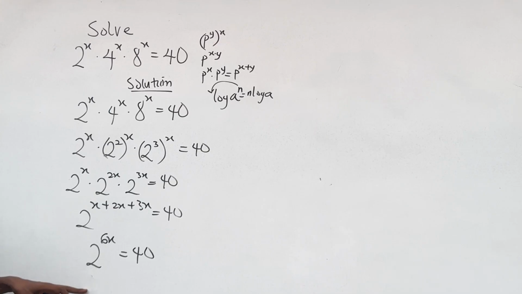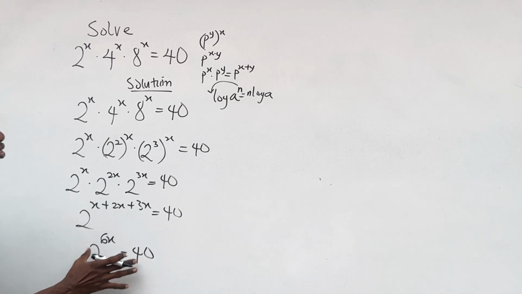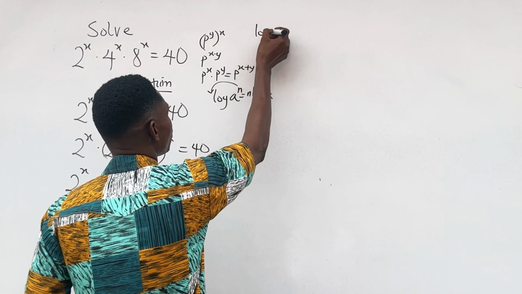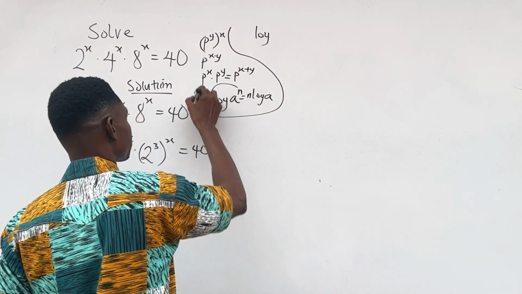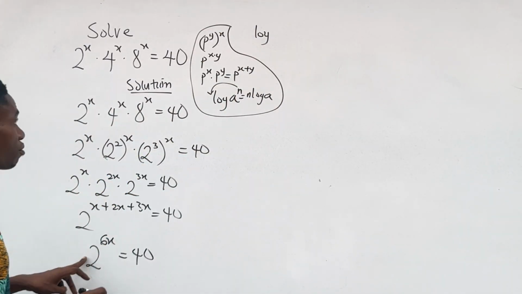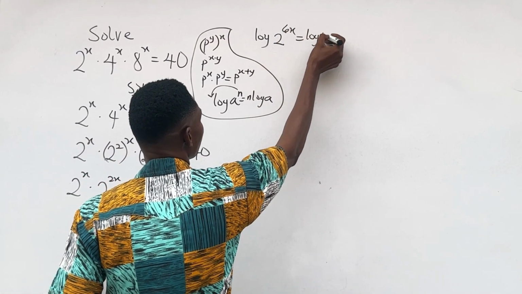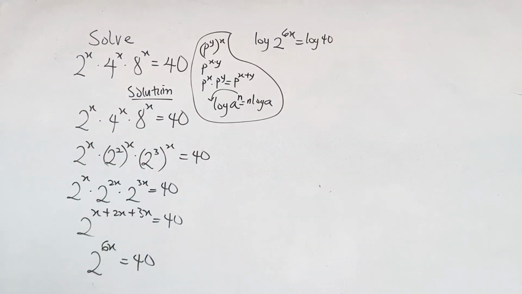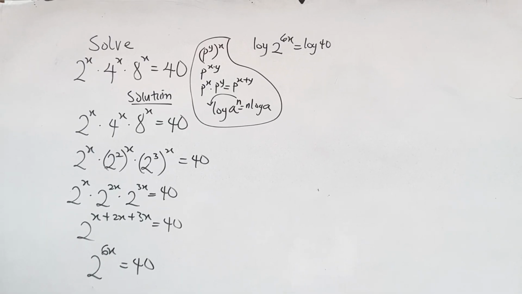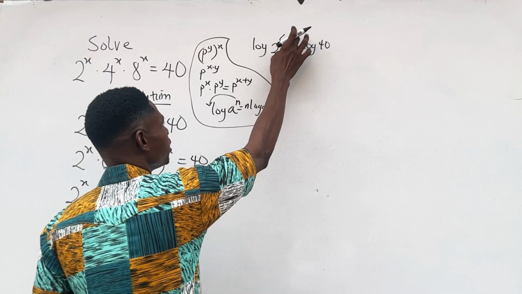Let's introduce logarithms to both sides. So we're going to have log 2 raised to the power 6x equal to log 40. Now applying this law here, we can bring the 6x down.